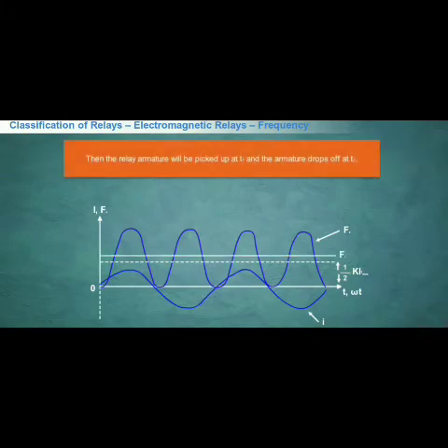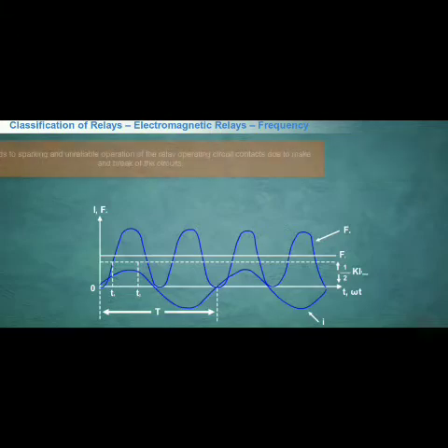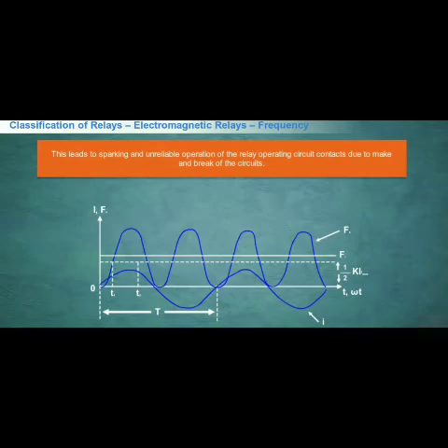Then the relay armature will be picked up at T1 and the armature drops off at T2. Hence, the armature vibrates at double the frequency. This causes the relay to hum and produce noise, and it is also a source of damage to relay contacts. This leads to sparking and unreliable operation of the relay operating circuit contacts due to make and break of the circuits.